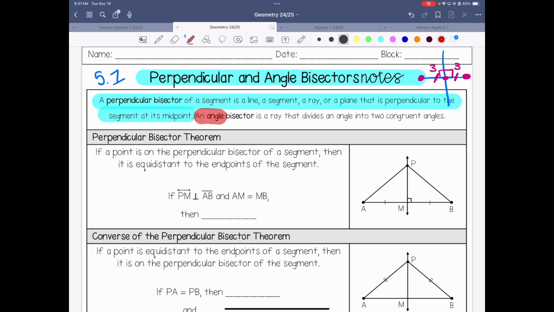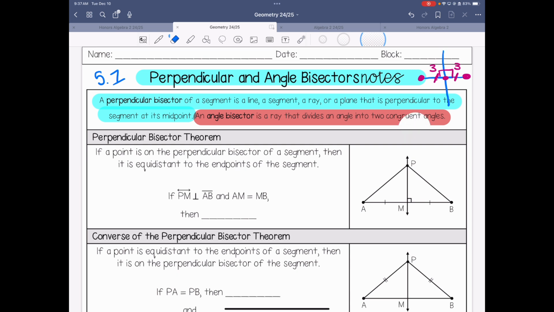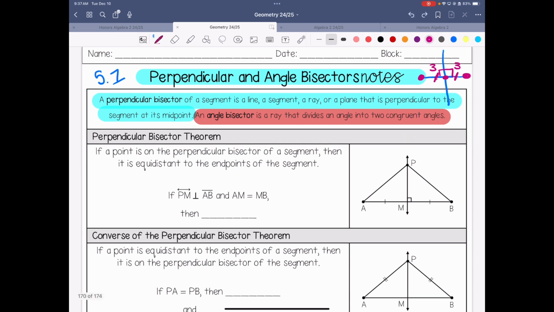Next definition is an angle bisector. An angle bisector is a ray that divides an angle into two congruent angles. Again, I don't have much space on this thing, unfortunately.